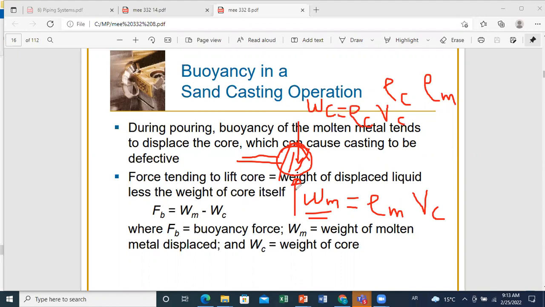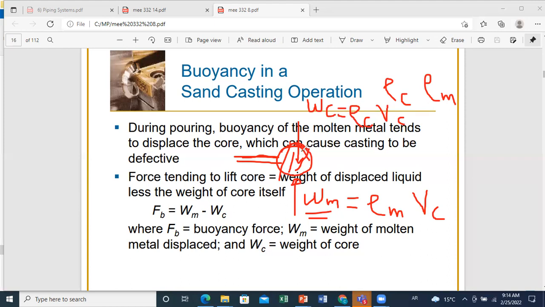In order to oppose any displacement of the core, it should be held, as we mentioned before, by fixing it through chaplets to the mold body, and in this way we oppose any displacement of the core. So this is why when we design chaplets, we should know what is the buoyancy force acting on the core, to be able to put chaplets that are able to oppose buoyancy effects.